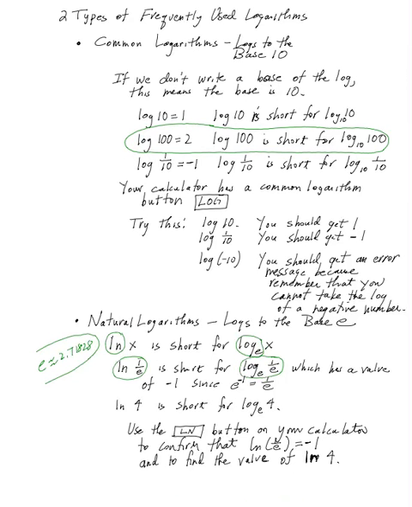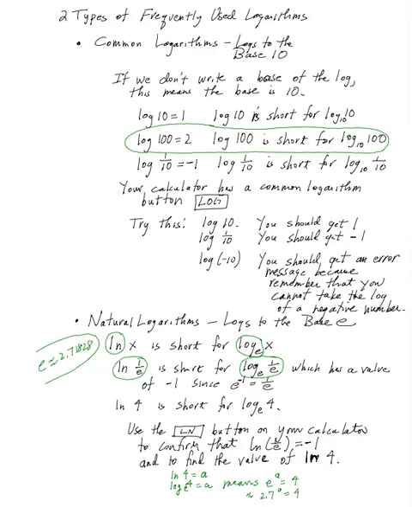See if you think this makes sense, because natural log of 4 equals a, a for answer by the way, is short for log 4 base e equals a, which means e to the a is 4. But e is approximately 2.7. So 2.7 to the a equals 4.